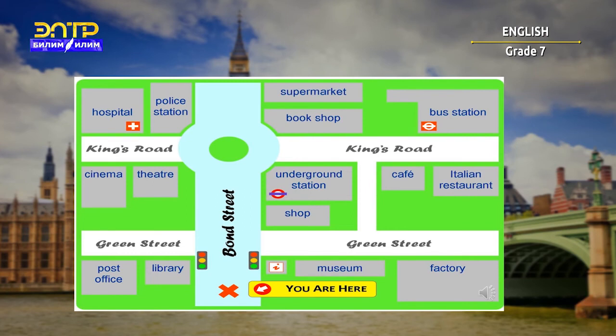C. Go straight on, go past the traffic lights and go straight on until you get to the roundabout. At the roundabout, turn left. Go past the theatre. It's the building next to the theatre, opposite the hospital. D. Go straight on, go past the traffic lights and take the second right onto King's Road. Go past the bookshop. It's the building next to the bookshop opposite the cafe.